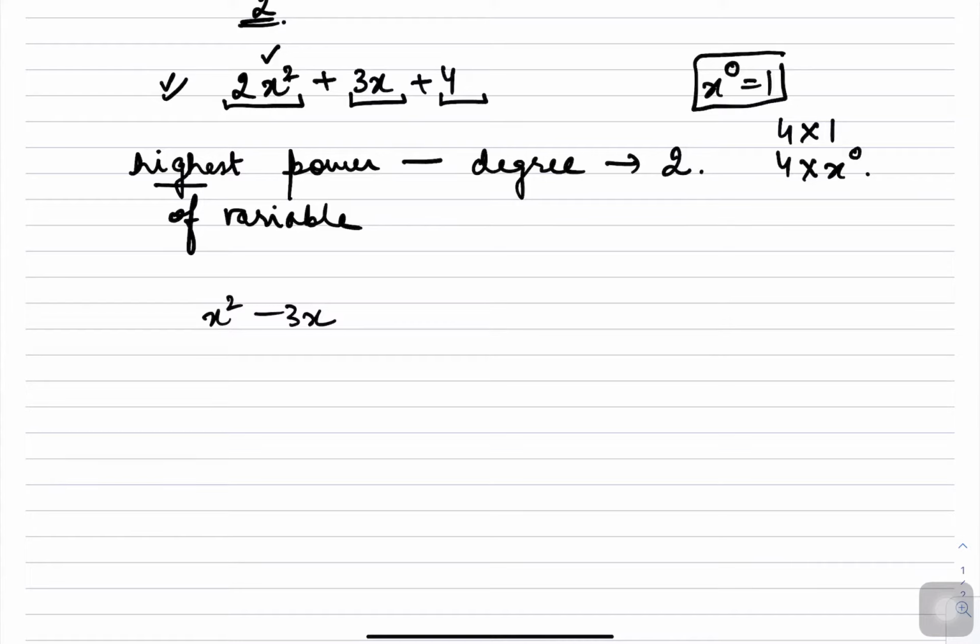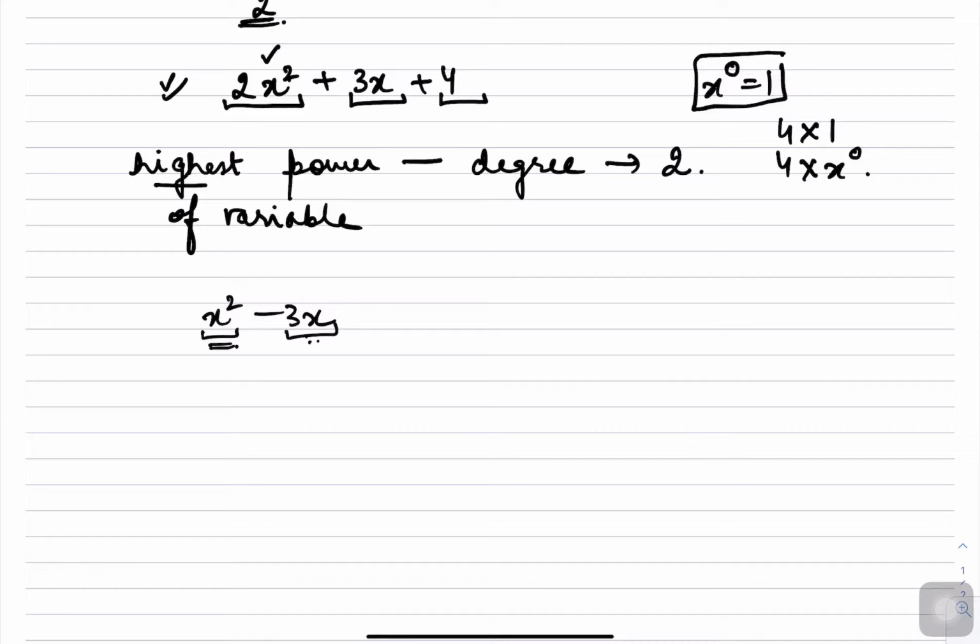Here also, since there are two terms, one having degree 2 and the other having degree 1, the highest power is 2. Therefore, we say that it is also quadratic.